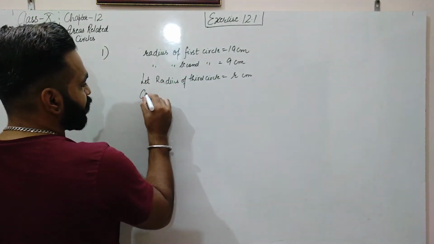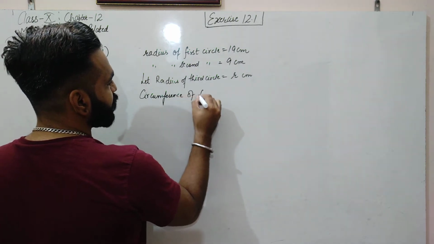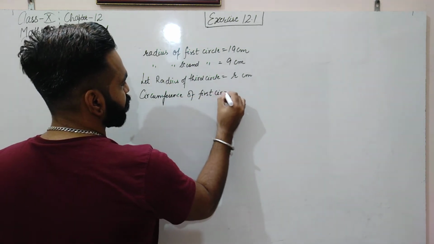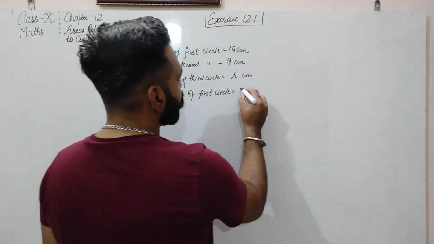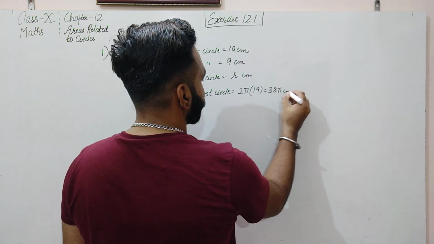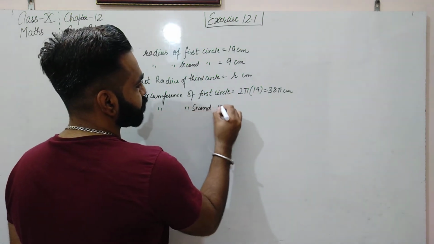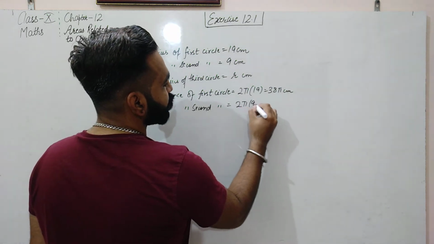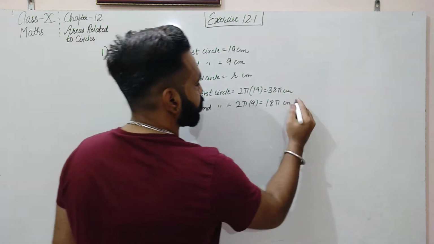So circumference of first circle. The circumference of a circle equals 2 pi r. So this will be 2 pi into 19, that is 38 pi centimeter. Circumference of second circle is 2 pi into 9, that is 18 pi centimeter.